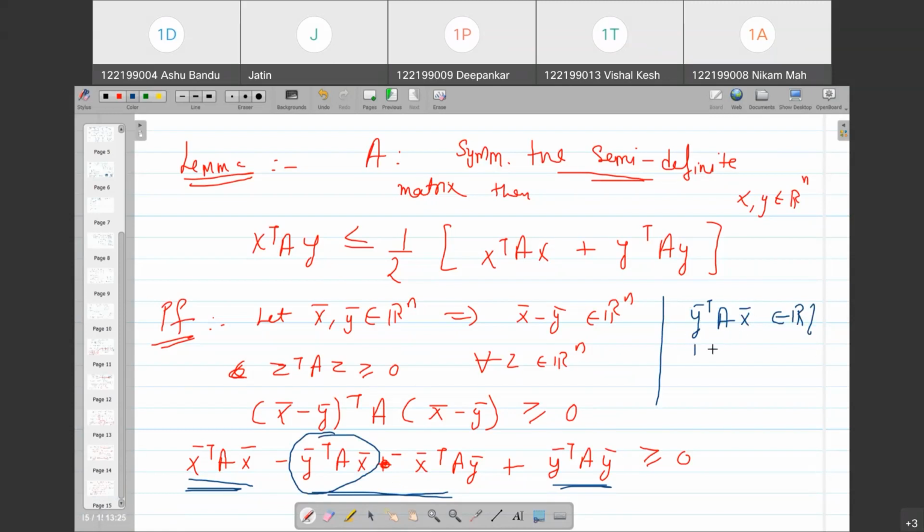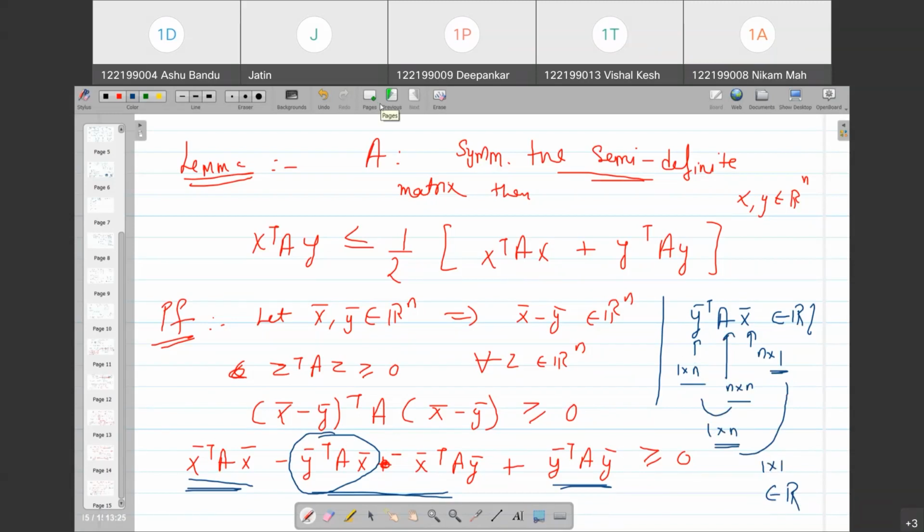What is the order of Y transpose? Your X bar is an n cross 1 vector. Your Y bar is n cross 1, so Y bar transpose is 1 cross n. And your A matrix is of order n cross n. So when I multiply the first two, I get a matrix of order 1 cross n. And when I multiply this with the last vector, I get 1 cross 1, which is nothing but a real number. So therefore this quantity Y transpose AX is a real number.